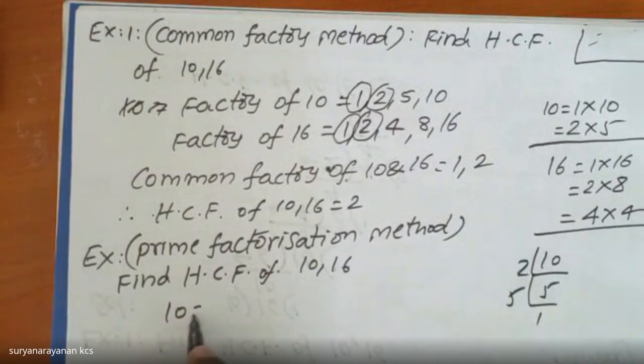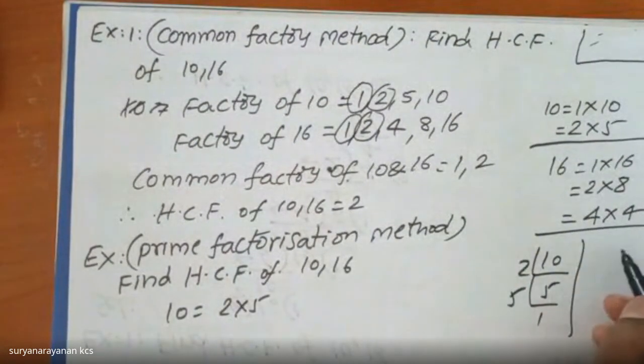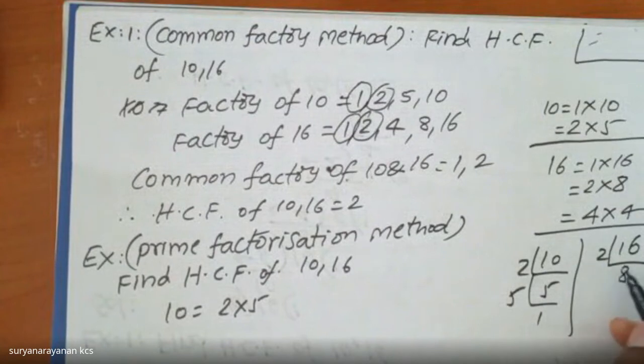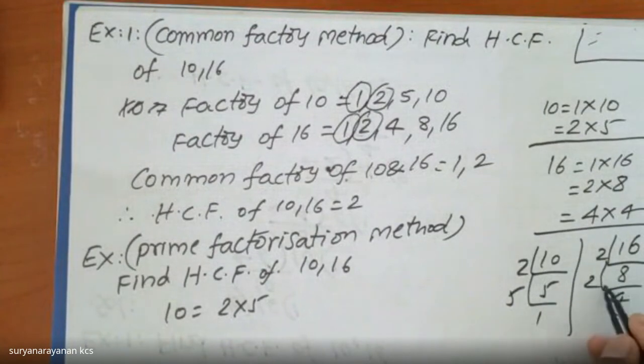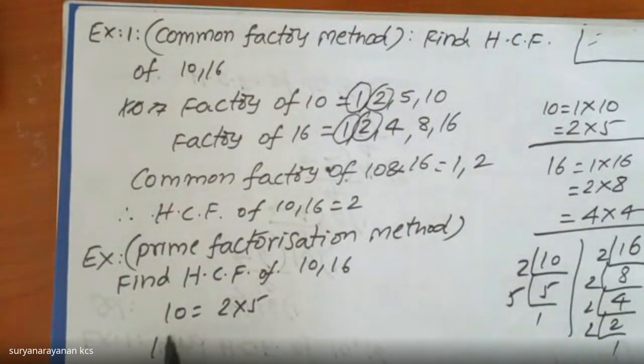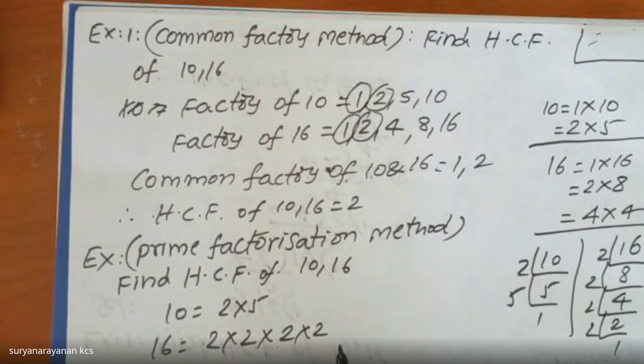So 10 is equal to 2 into 5. Similarly, we write 16 as a product of prime numbers, 2 into 2 into 2 into 2.